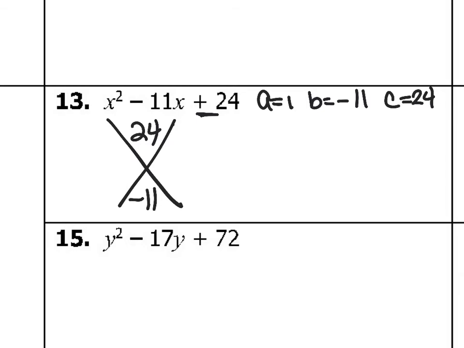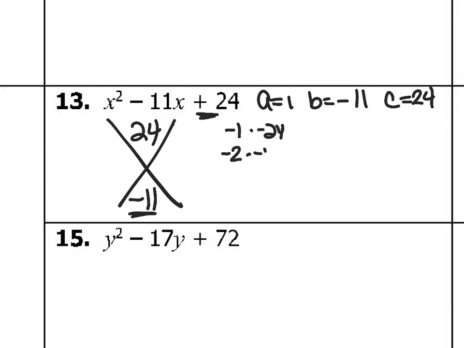So in this case, your factors of 24 are both going to have to be negative, right? Because a negative times a negative is positive, but they've got to add up to be negative. So we can do -1 times -24, because we're trying to get -11.